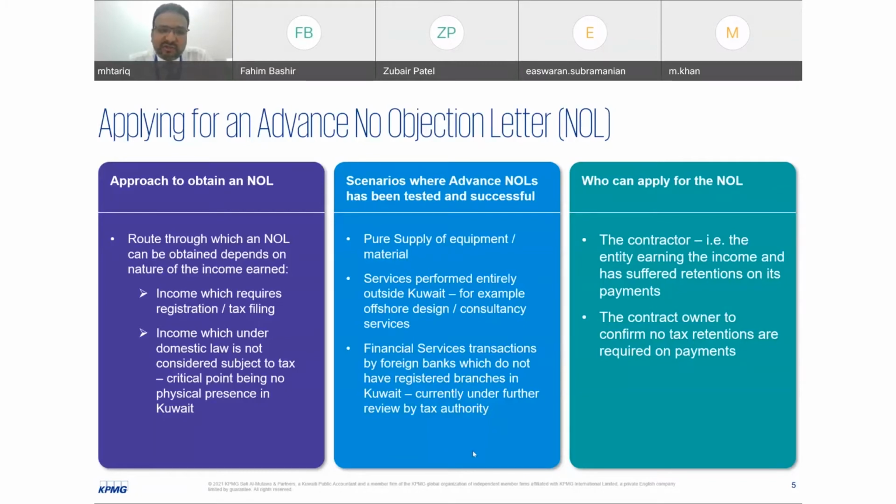After the submission we can clarify, because most of the documentation, and this is really important, should be submitted in Arabic language, and sometimes tax authorities need some clarification on the contract, especially the scope of the contracts. So I think 4 to 6 weeks is reasonable to inform here.